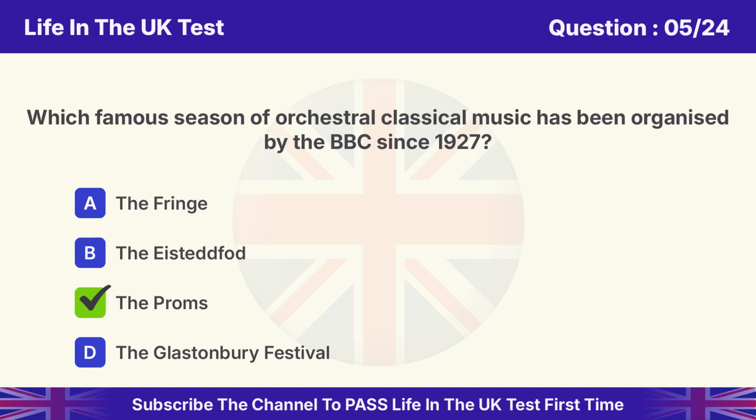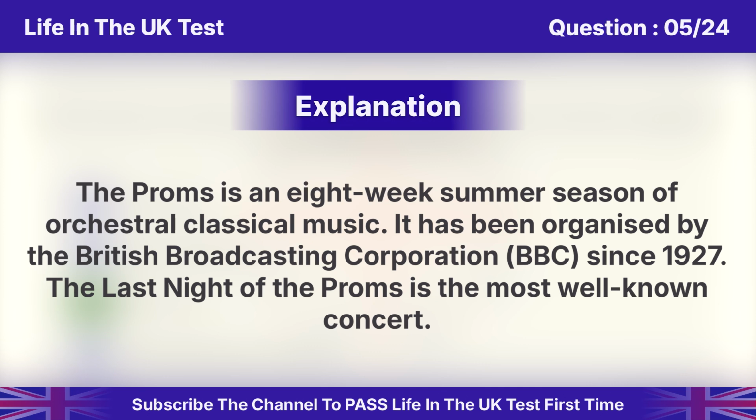Answer is C, the Proms. The Proms is an 8-week summer season of orchestral classical music. It has been organised by the British Broadcasting Corporation, BBC, since 1927. The last night of the Proms is the most well-known concert.